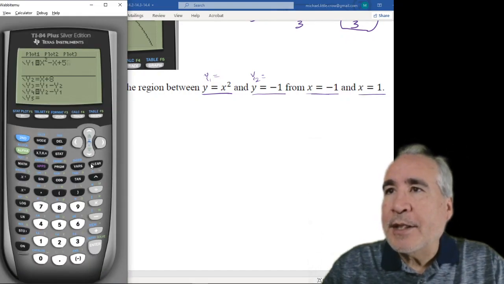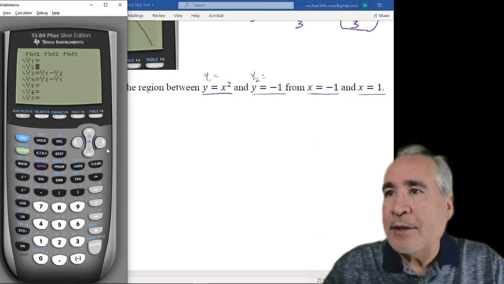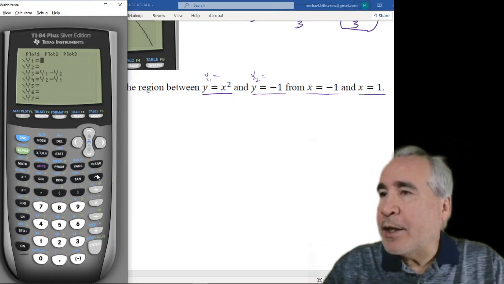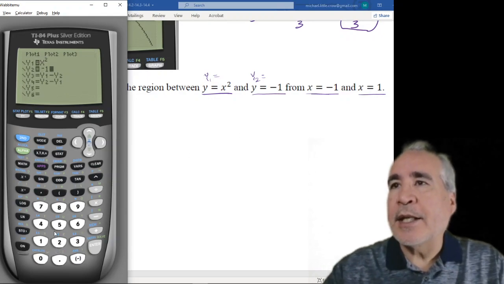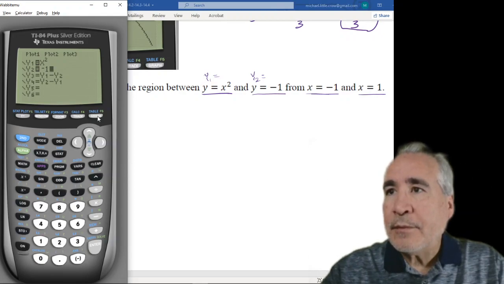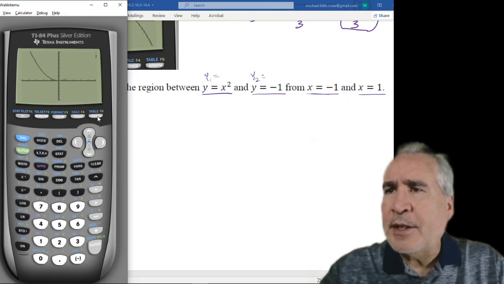Okay, so I'm going to clear off y1 and y2. I'm going to leave our y3 and y4, but I'm going to turn them both off. Okay, so you hit the equal sign and now they're off. y1, I'm going to put x squared. And y2, I will put just the number -1. That'll be a horizontal line at -1. I'm going to leave the graph at what it was.